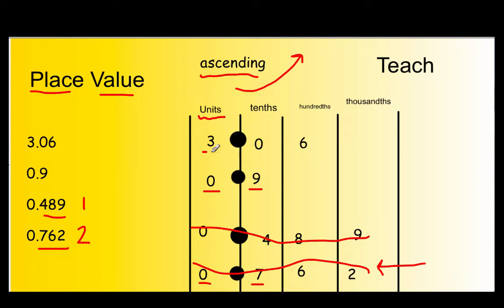There's 3 whole units here, but there's no units there. So 0.9 must be our next number. And of course, the biggest number of all, the one that's left, is 3.06. That's your biggest number, without a doubt.